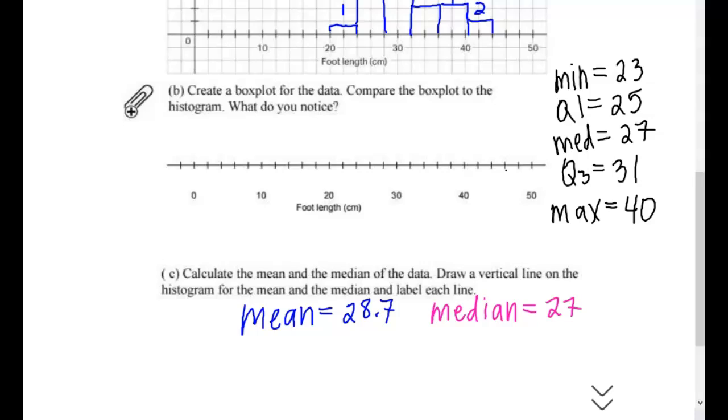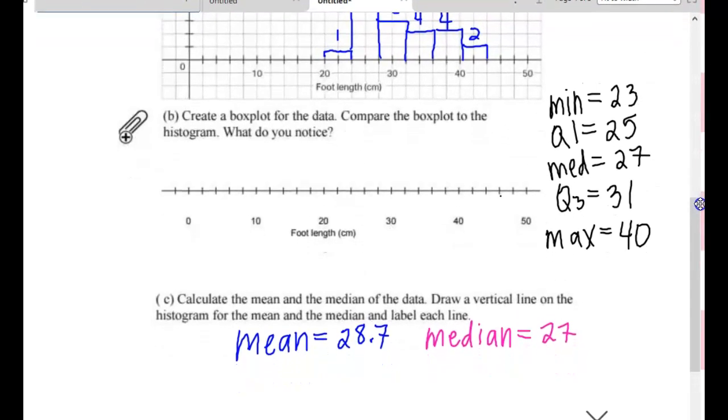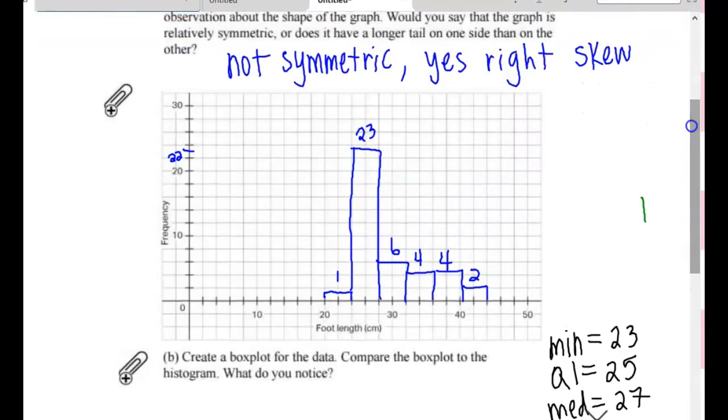Alright, now we draw the vertical line. So 28, 27, and 27. So 20, 22, 24, 26, 27, the median.